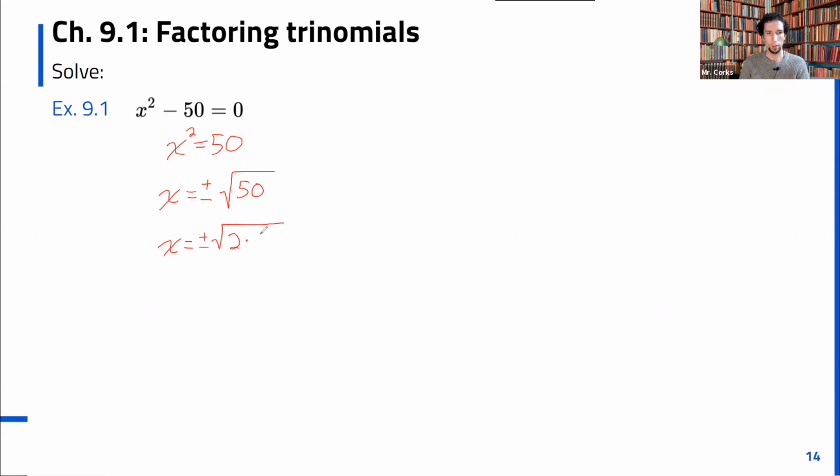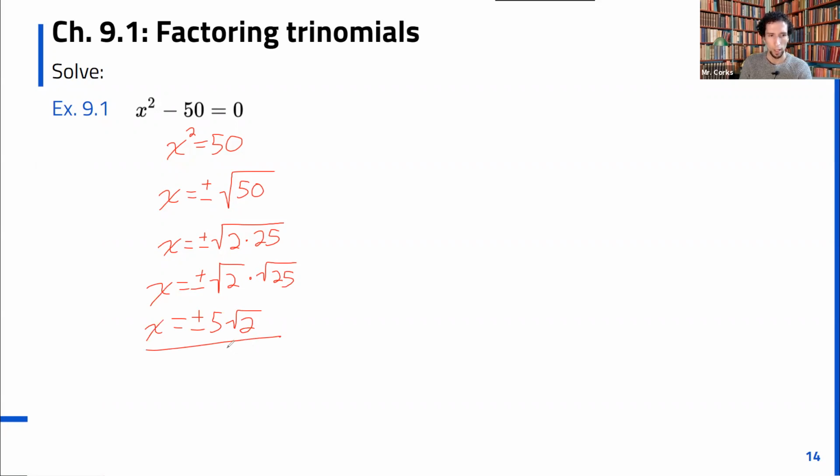I'll just write an extra step here to remind us of our exponent rule. So 2 times 25, and if we do that, we can split this up: square root 2 times square root 25. So plus minus 5 root 2.